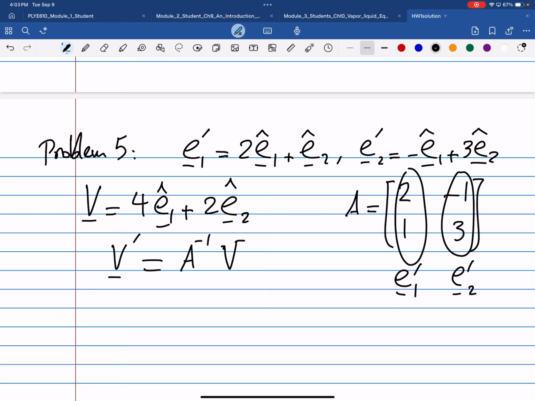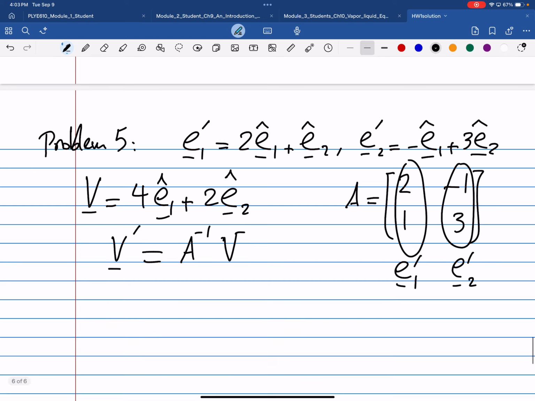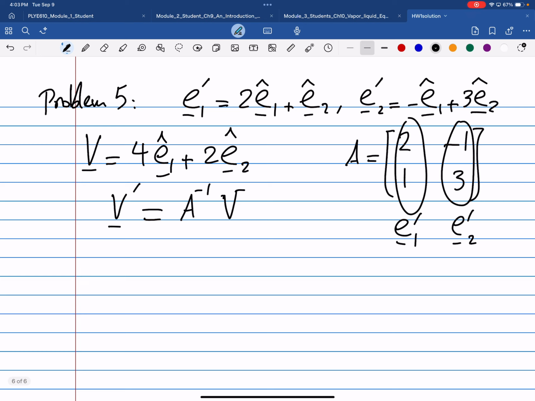So let's say my V vector is 4e1 plus 2e2, and my V vector is going to be some constants, alpha e1 prime plus beta e2 prime.